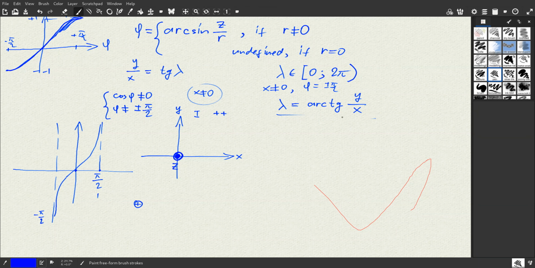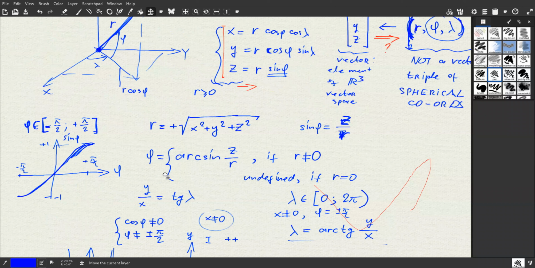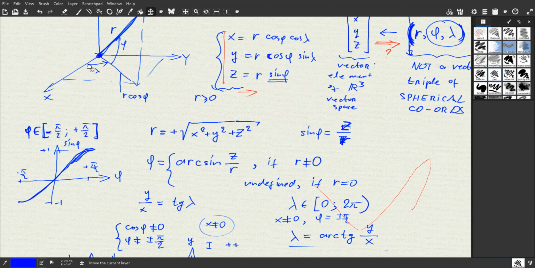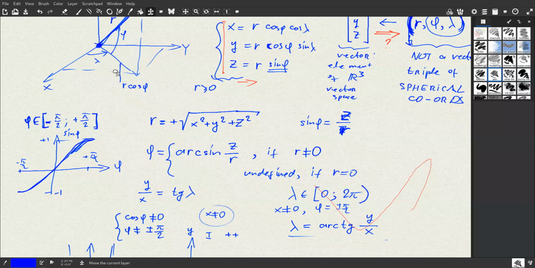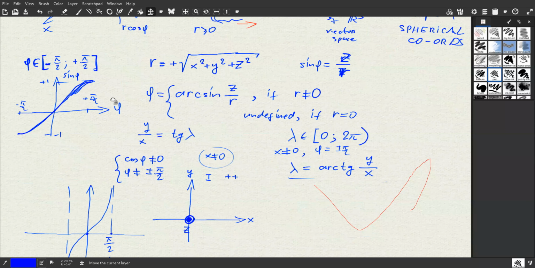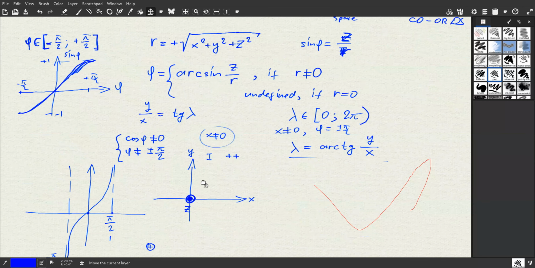We would have x equal to 0. Let me move to the original drawing. At lambda equal to pi over 2, x is 0, and this formula does not work, okay? Because we have 0 denominator. So for the first quadrant, this formula works.